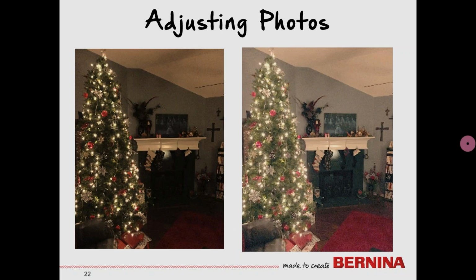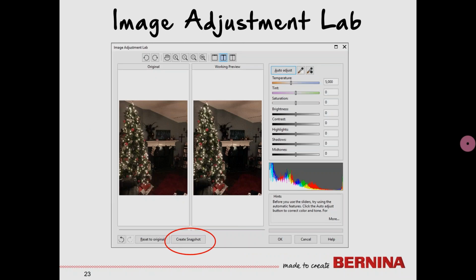You can also use Corel PHOTO-PAINT to adjust your photos. And oftentimes we might have an image that is too dark, and we can use Corel PHOTO-PAINT to lighten that image. There is an image adjustment lab, and there's also one in Corel Draw, but the image adjustment lab in Corel PHOTO-PAINT works pretty much the same way.